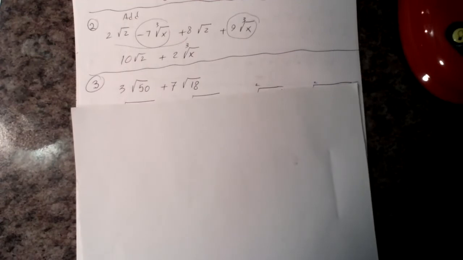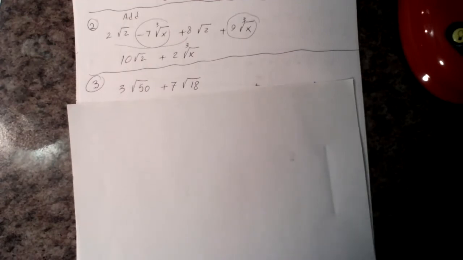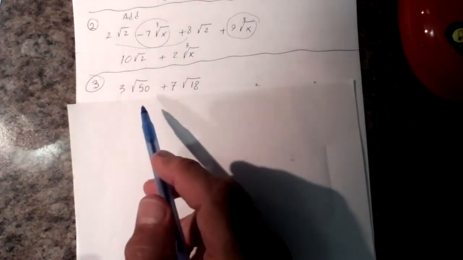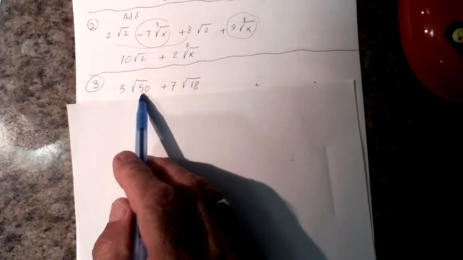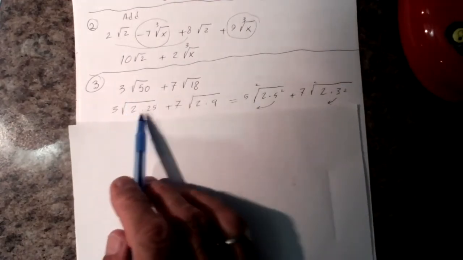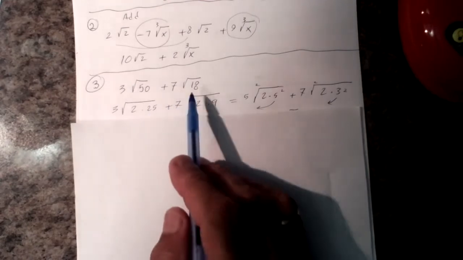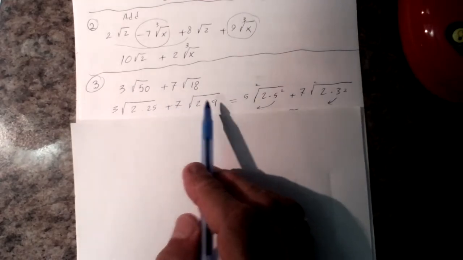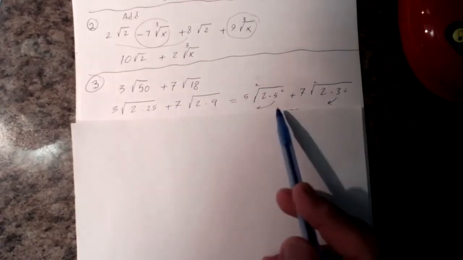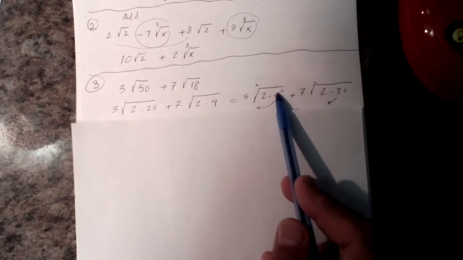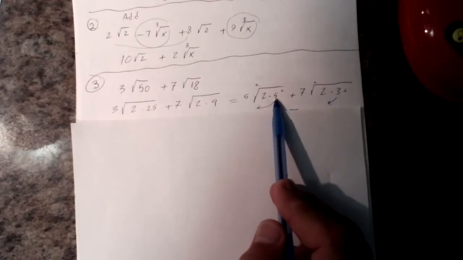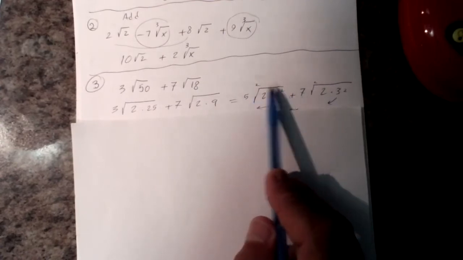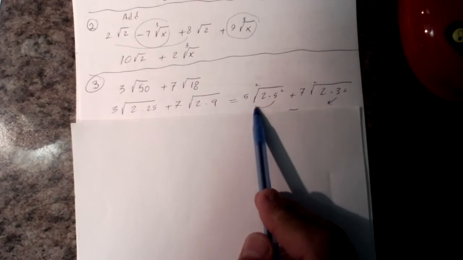Now, when you have radicals, you want to simplify them. Simplify radical means you try to get some numbers out of the radical, like 50, you could break 50. 50 is 2 times 25. 18 is 2 times 9. Then I write 25 as 5 to power of 2, and 9 as 3 to power of 2. This 5, the power and the root are the same. So you could release the 5 from the radical.